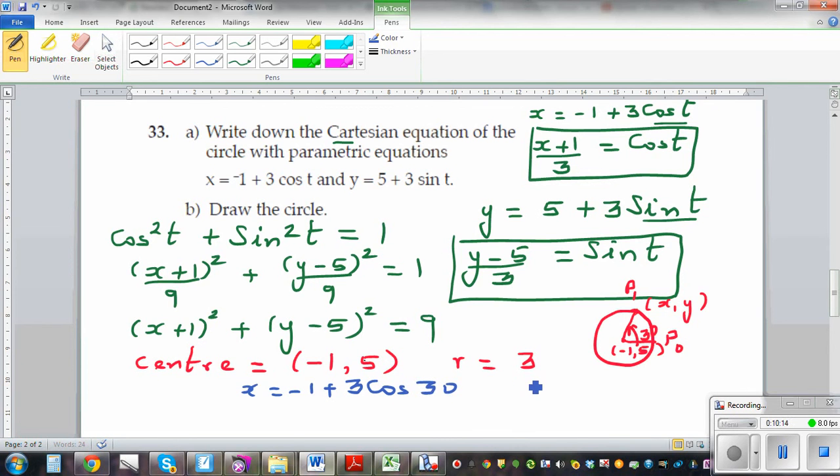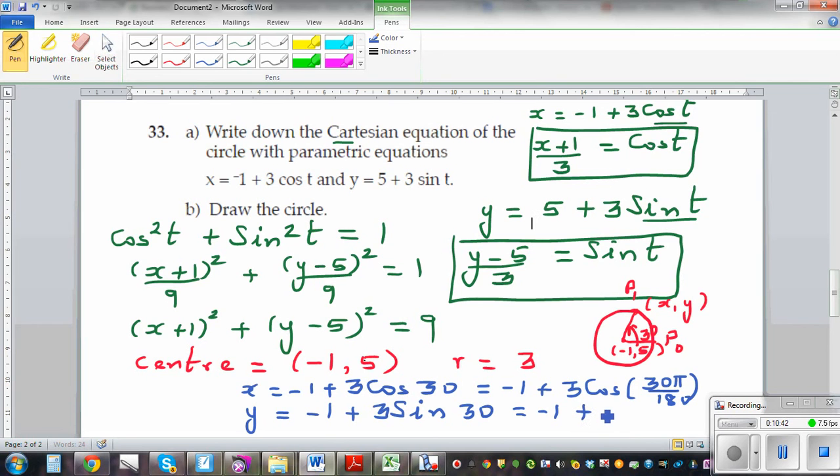On Desmos you have to put this in radians, so this will be -1 plus 3 cos of 30 pi by 180, or pi by 6. And the y coordinate would be 5 plus 3 sine 30. You can do this also on your calculator, which is 5 plus 3 sine of 30 pi over 180.